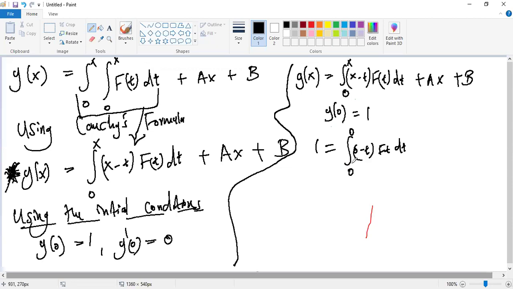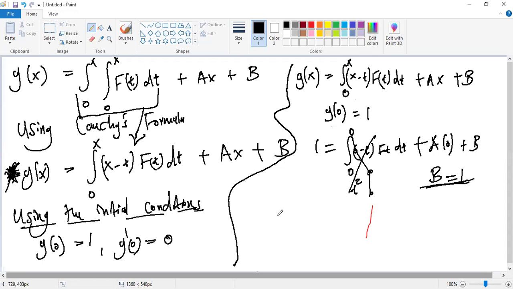Let's say we get t squared as the answer, then from 0 to 0 it will be 0 minus 0, so the whole of this gives us a 0. Plus, x is 0, so here we have a of 0 plus b. a of 0 gives us a 0. b is equal to 1. So we have the value for b there.